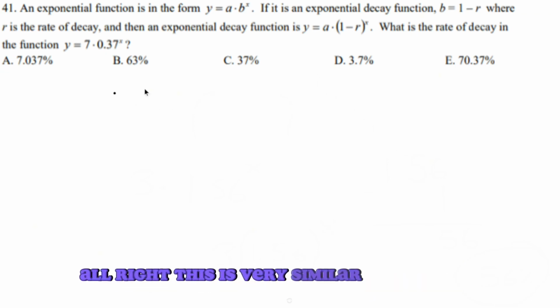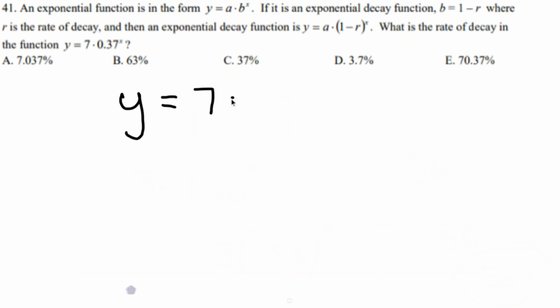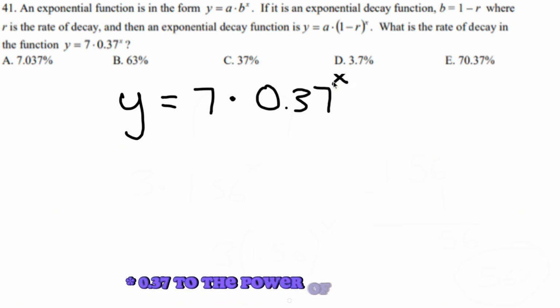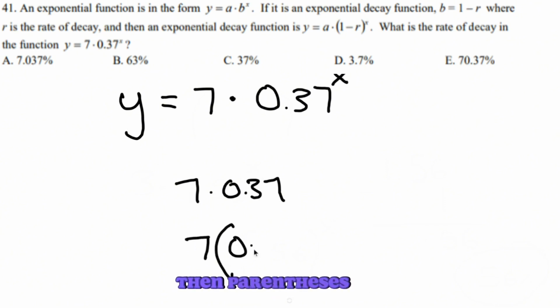Alright, this is very similar to the last problem. So we're given y equals 7 times 0.37 to the power of x. And now, we know that there's no number in the parentheses because there is no parentheses. But when doing 7 times 0.37, we can write this as 7, and then parentheses 0.37.